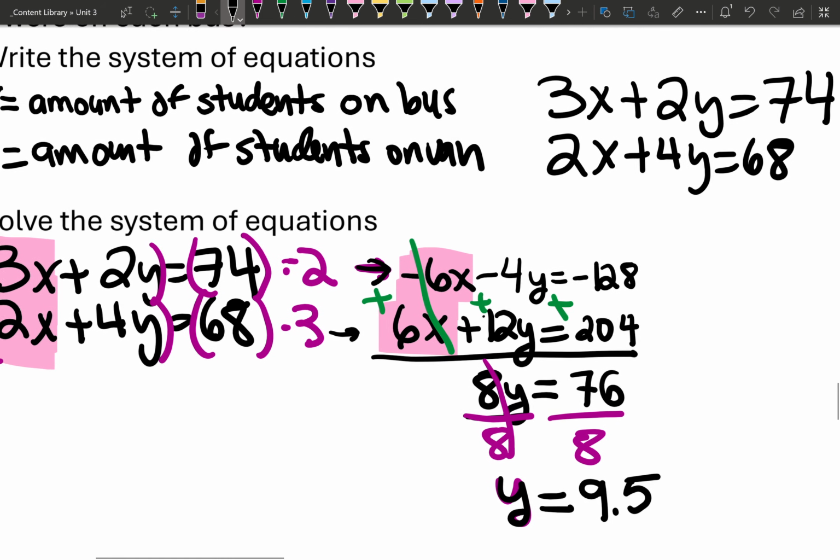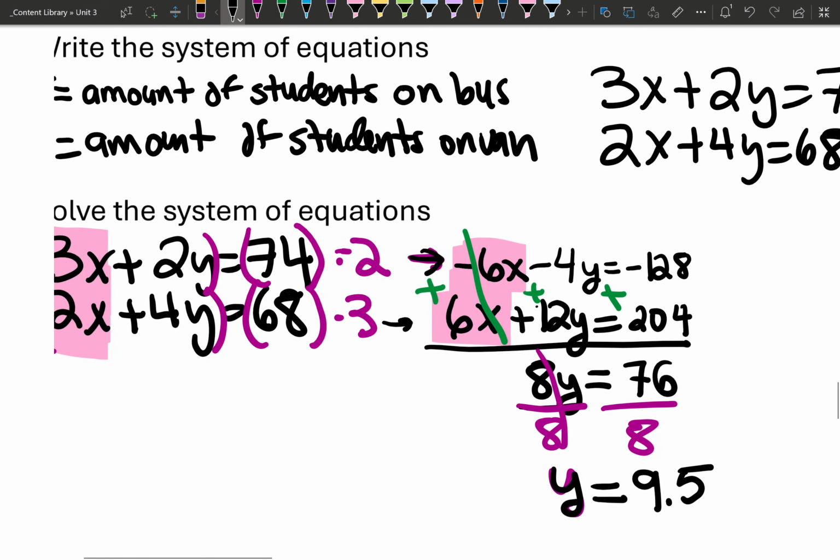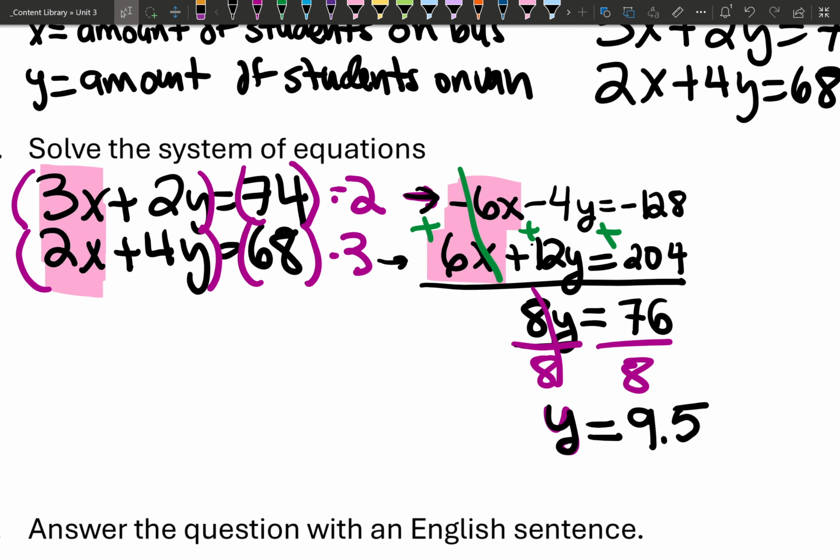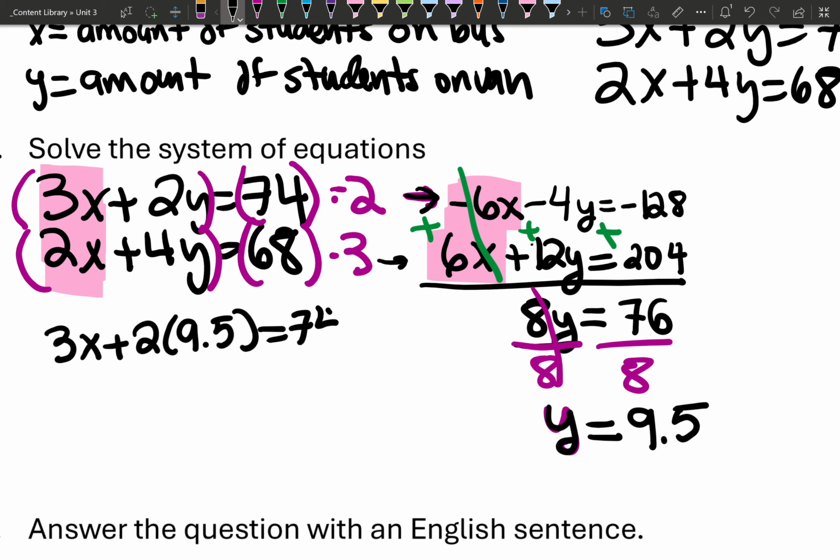Alright. Y represents vans. Well, hopefully we don't really have half a student on a van. But let's find out how many students were in the buses. And I really sure hope I get a whole number. So I'm going to use the first equation. 3x plus 2 times 9.5 equals 74. And I'm using 9.5 because that's what y equals.